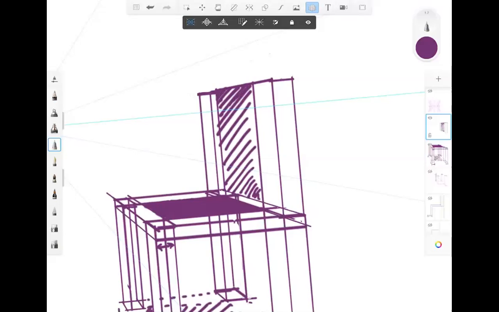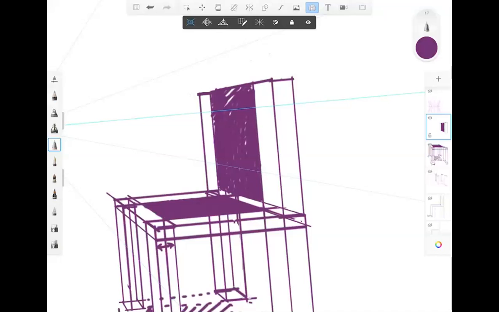Or we could close that off, and if we did that, then it would be lined up like so with the front, which actually would come all the way down to here.